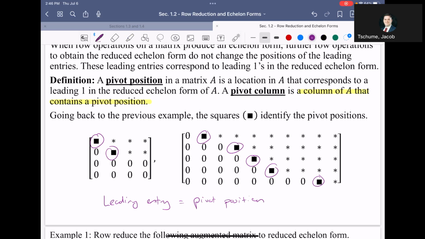The reason that I stress that is because since it says a pivot column is a column of A, you have to go back to the original matrix A in order to find a pivot column. A pivot position can't be found until the echelon form. Once you find those, you have to go back to the original matrix to identify the pivot column in this case. All right. So that being said, in a few minutes, I think we're going to do an example talking about pivot columns. We'll look at how to find that when we need to.